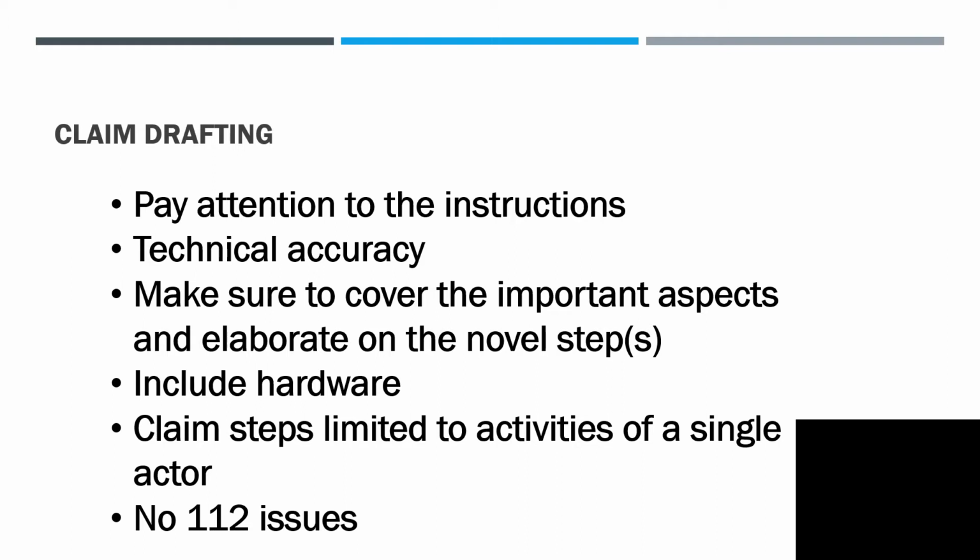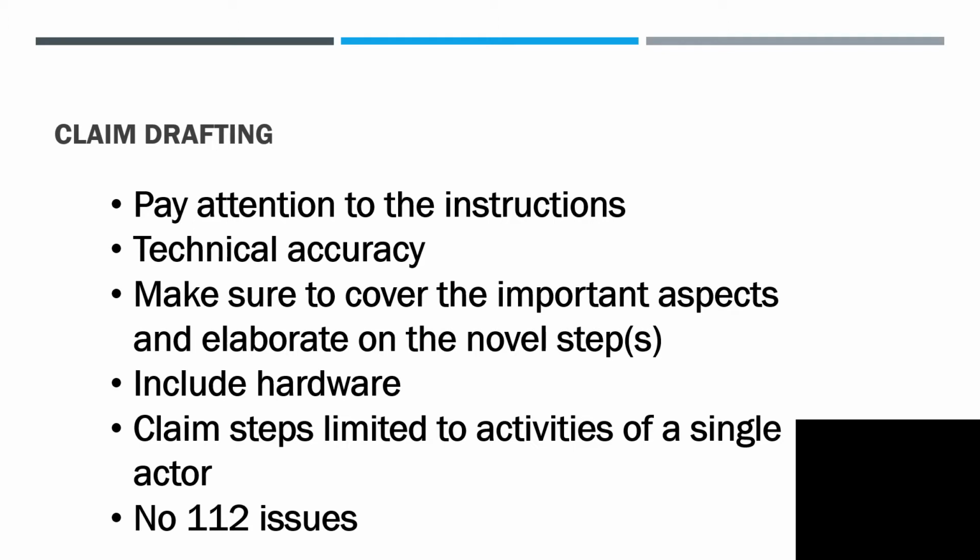And so make sure you're listening to and paying attention to what we're asking you to do and follow it. I've seen many times where a candidate might write 20 claims or will write an independent with several dependents. Maybe write a system claim or a device claim versus a method claim.